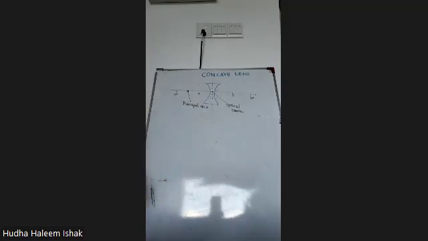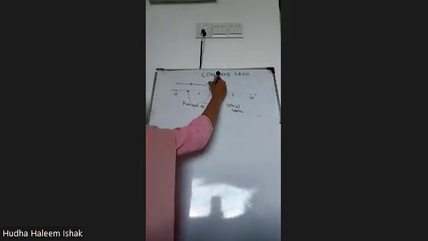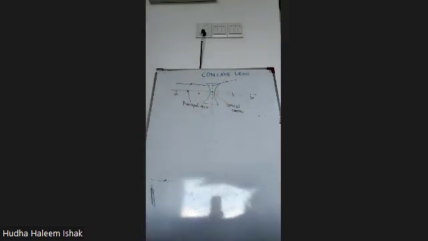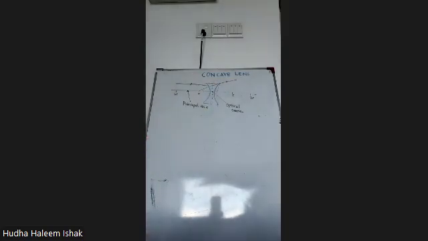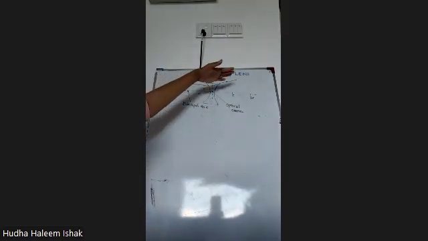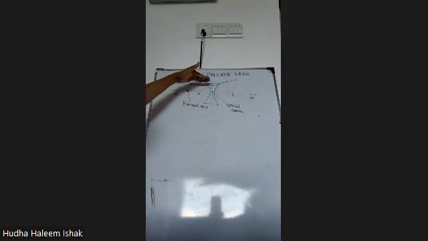So when the light ray goes parallel to the principal axis, it will be bent and go away from the lens.